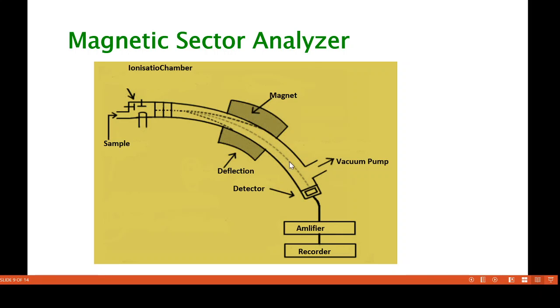In this flight tube we apply a magnetic field. So what happens when the ions enter this flight tube? The ions get deflected. Deflection occurs and after that they reach the detector.